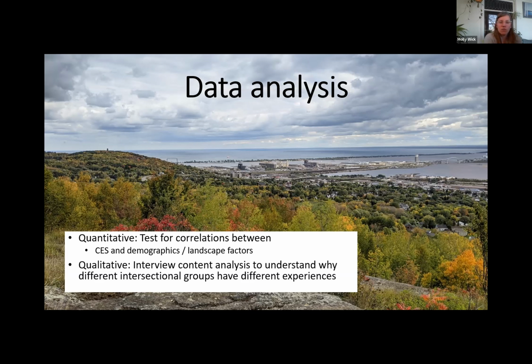And then to better understand those trends that I am able to identify in the quantitative data, I will use a qualitative approach to analyze the interview data. And that'll involve identifying themes in the interviews and looking deeper into how different intersectional groups have different cultural ecosystem service experiences.